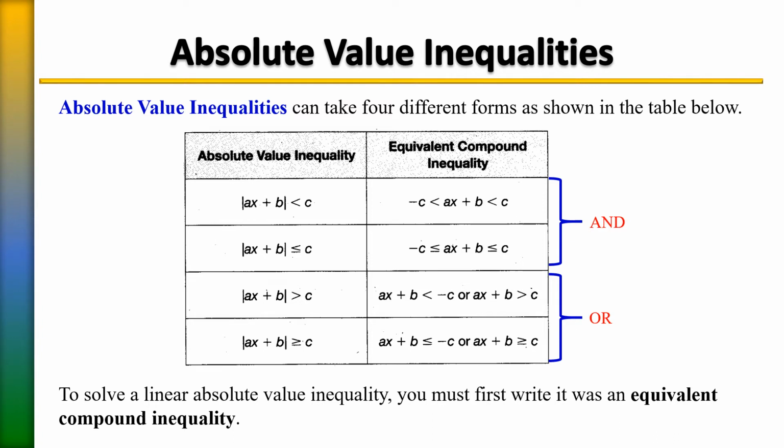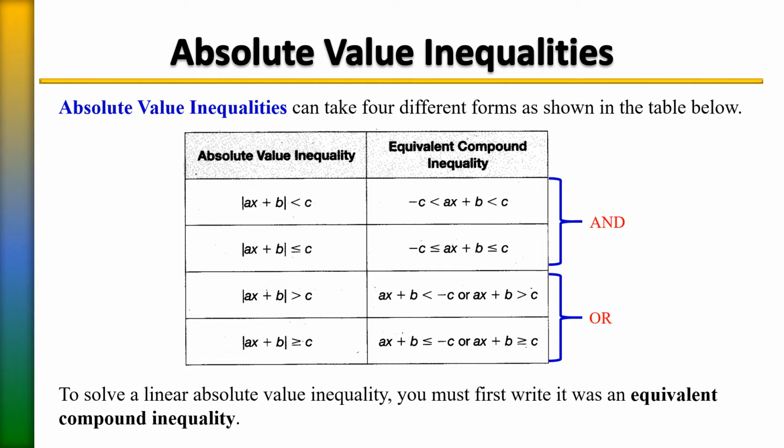So in other words, if you have the absolute value of AX plus B is greater than C, that's going to be your same equation without the absolute value bars. And then you're going to have another equation where it's the same thing, except you change the sign and change the symbol. So one kind of stays the same, just without the absolute value bar. The other, change the sign, change the symbol. And that's the same case for both when you're dealing with OR equations.